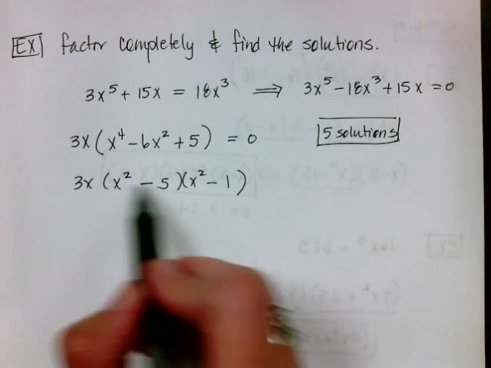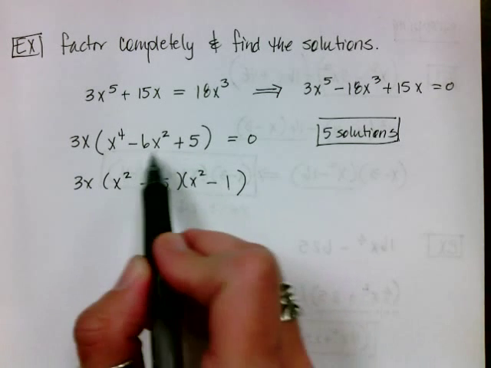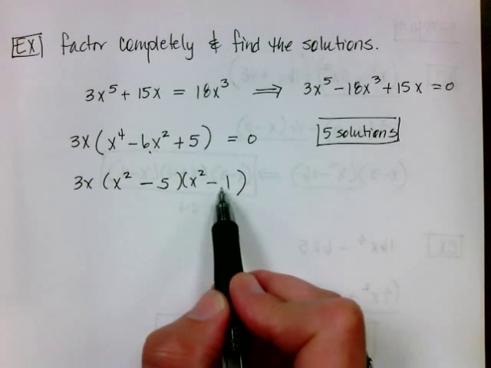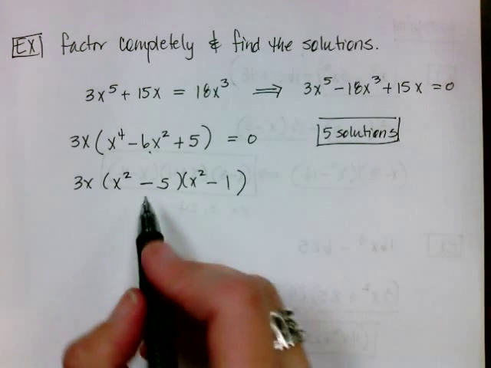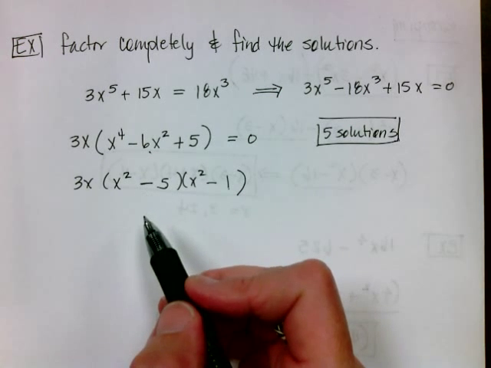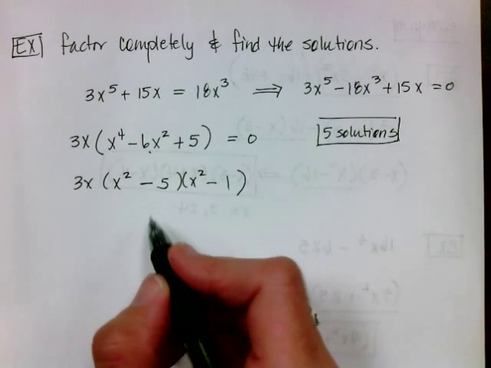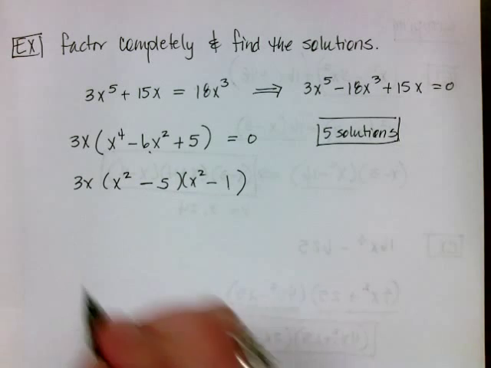And so if I check my math, x squared and x squared is x to the 4th. A negative 5 and a negative 1 is a negative 6, and a negative times a negative is a positive. Alright. These are both actually a difference of 2 squares, but the numbers are just kind of weird. They're not pretty, but I could do my math a couple of different ways. So I'm going to show you both.